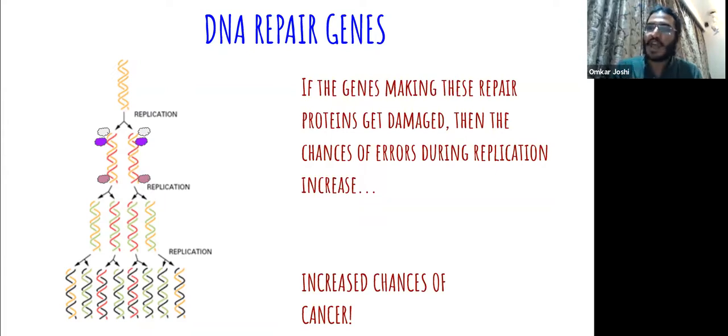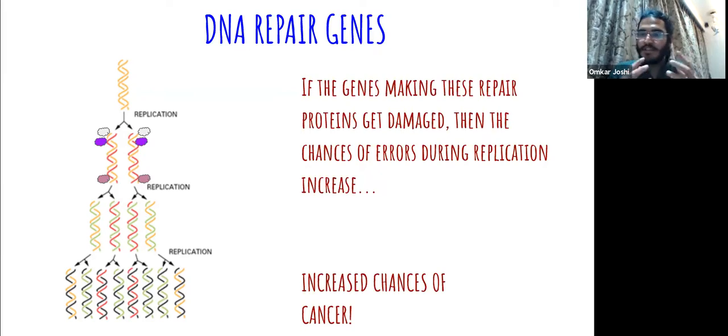If you now tamper with these proteins such that they can no longer check if the process is going okay, then you have a real problem, because now there is no way you can check if there are errors or not. And once this happens, there is just, I think, 10 times more chance that they'll have an error which gets propagated to the daughter cells, right? So this is what happens if you alter DNA repair genes.